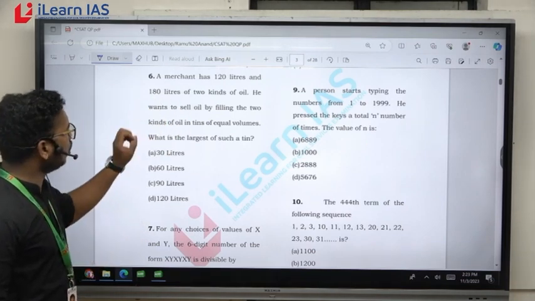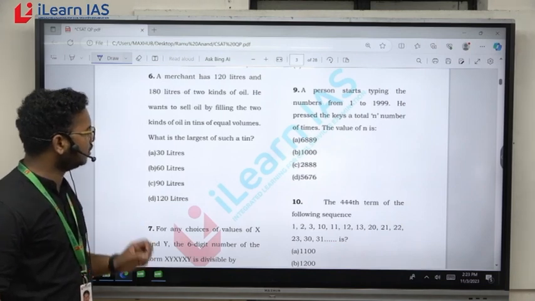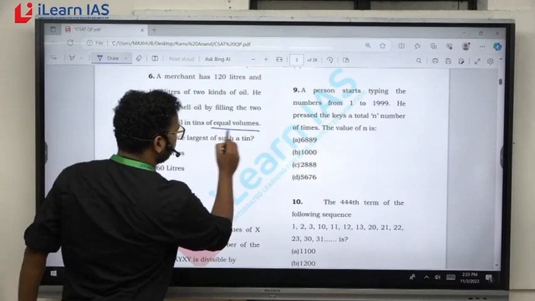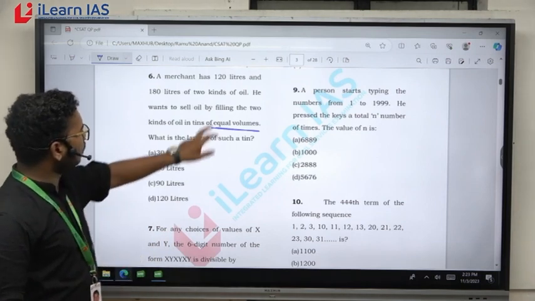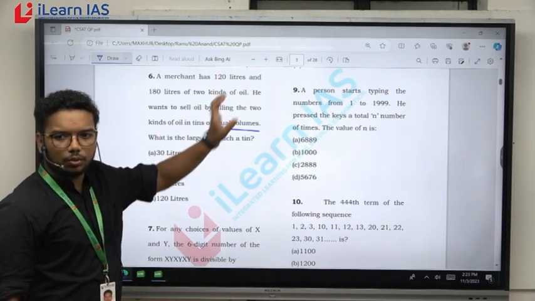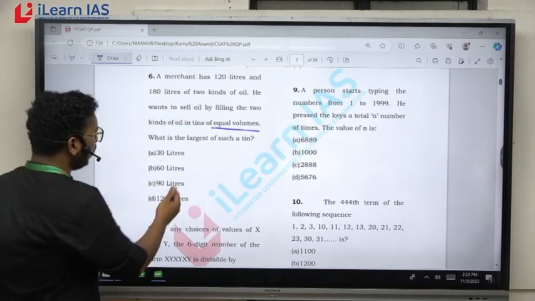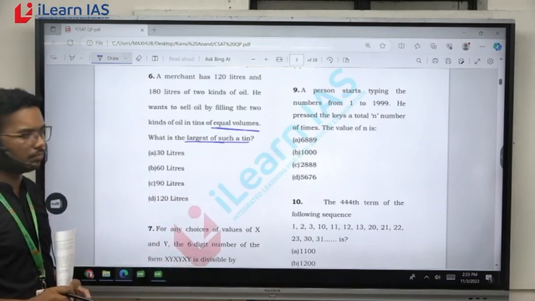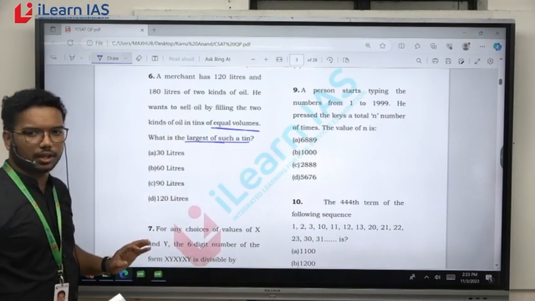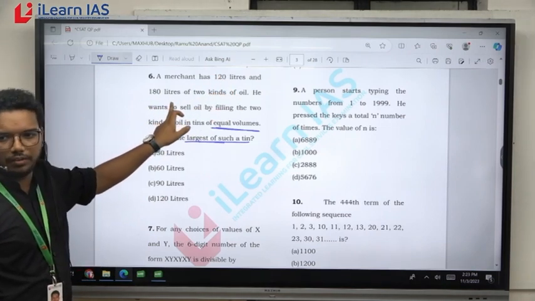He wants to sell the oil by filling the two kinds of oil in tins of equal volume. So we must divide the 120 liters into equal volumes and the 180 liters into equal volumes. And what is the largest such tin?